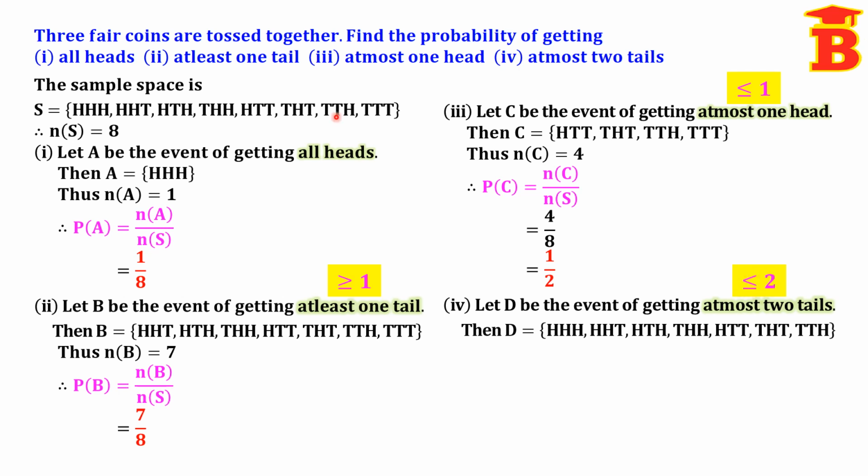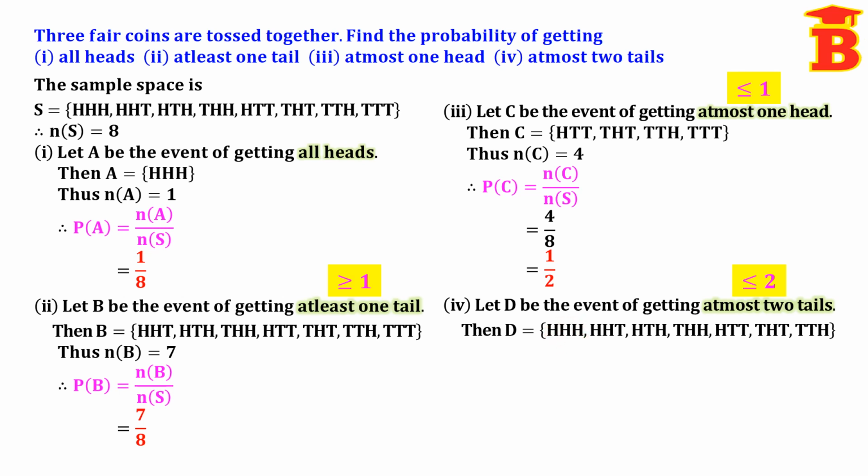So take 2 tails possibilities and then 1 tail possibilities and then no tail, that is HHH. So take and write HHH, HHT, HTH, THH, HTT, THT, TTH. See here we have 2 tails possibilities and then 1 tail possibilities and then no tail. No tail means HHH.